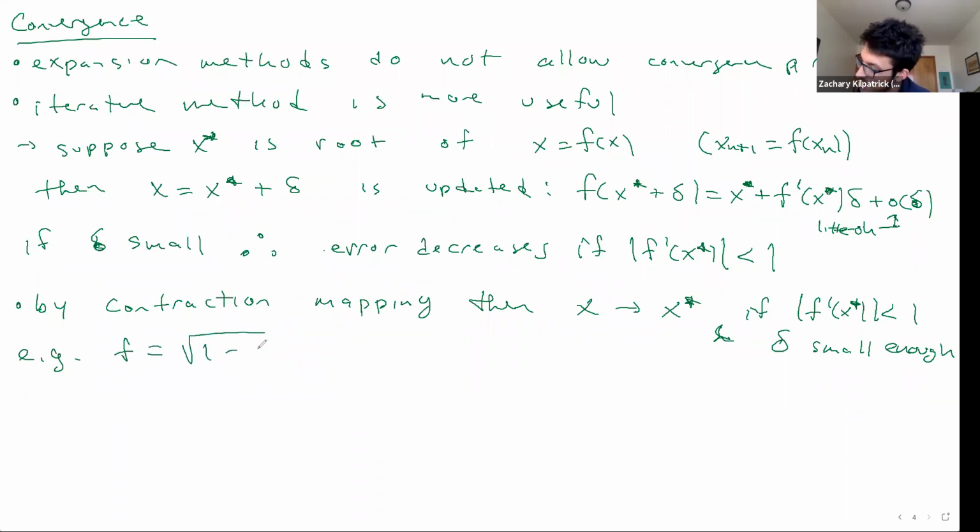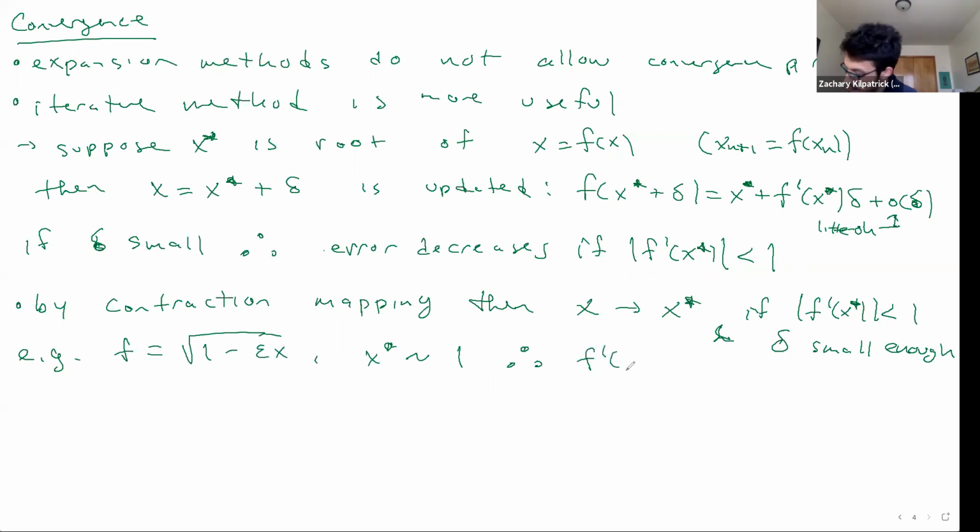So for example, let's say that f was 1 minus epsilon x, and x star is somewhere around 1, the root of the epsilon free equation.